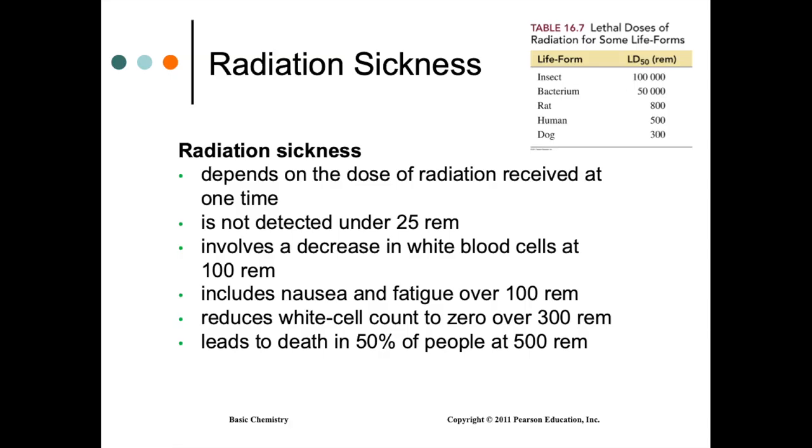So you can see that insects have a really high LD50, right? You'd have to give 100,000 REMS of radiation. That's a lot of radiation to try and kill insects using radiation. Okay, so you probably want to use a different method of pest control rather than nuking them, is I guess what I'm getting at.